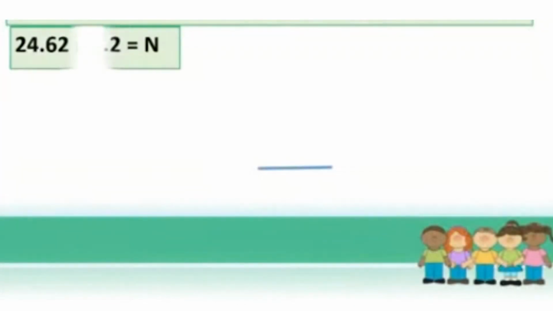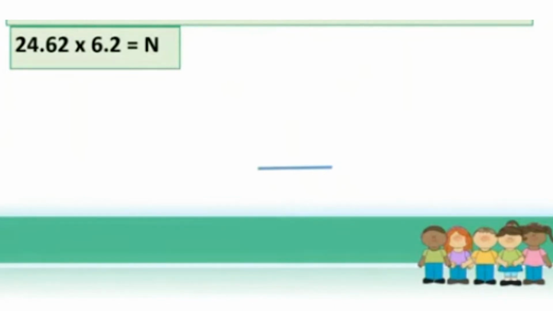Let's see if you really understand the lesson. So let us estimate the products of the following decimals. Number 1, 24.62 times 6.2 is equal to n. 24.62 is estimated to what number?